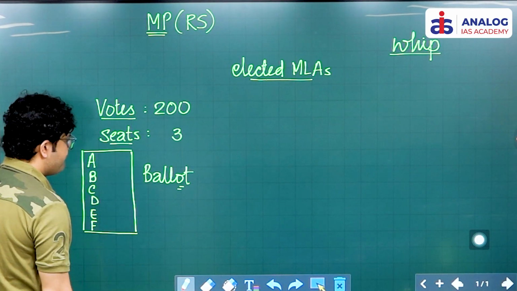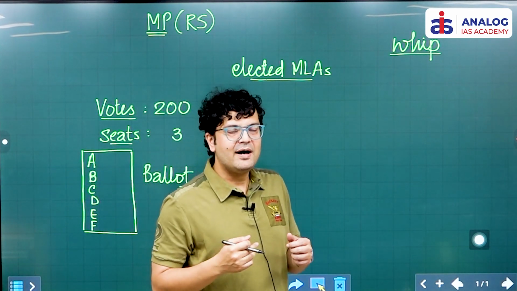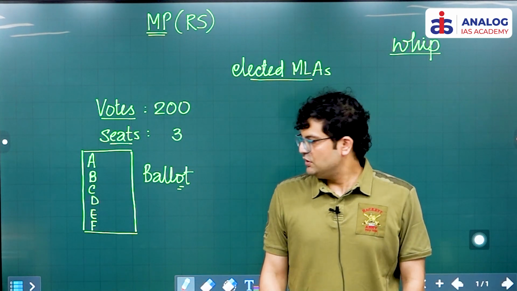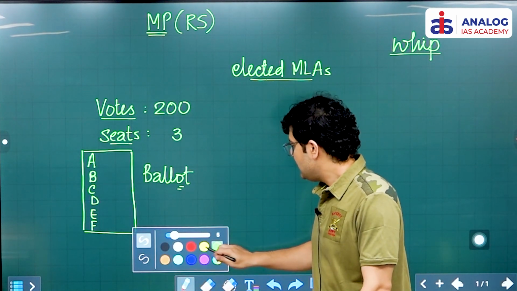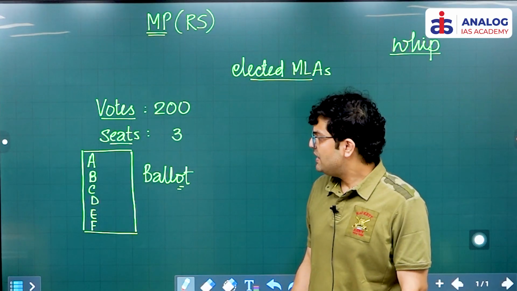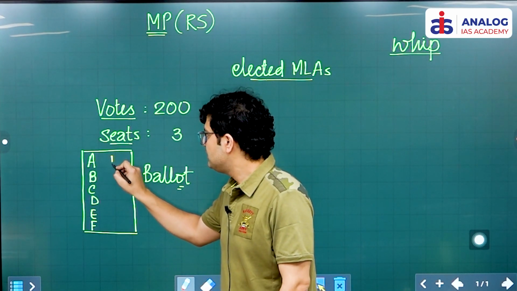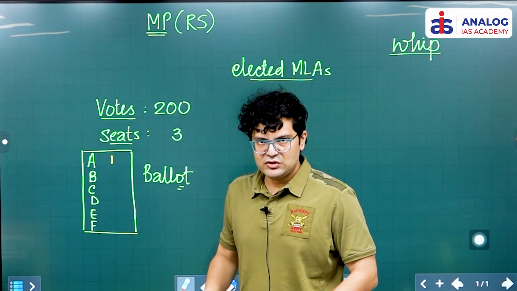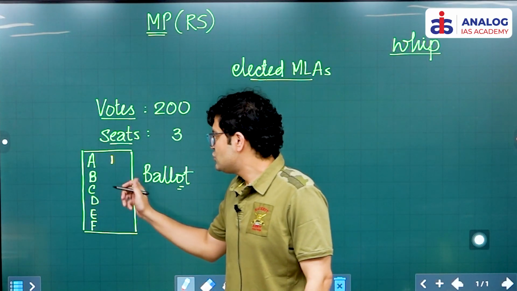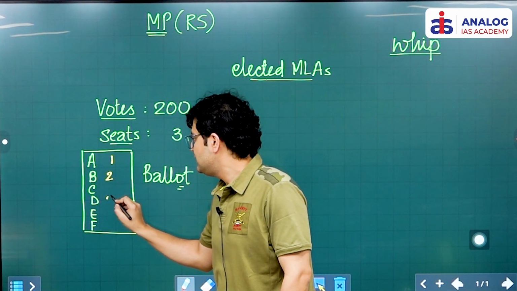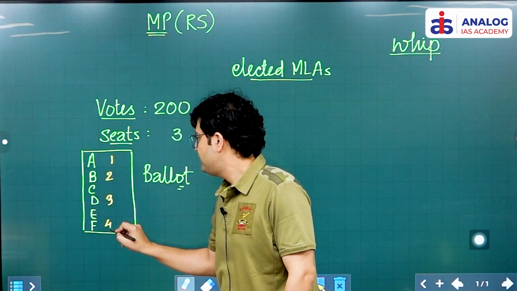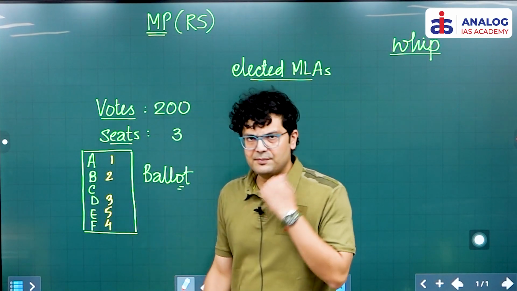And now my task is to mark preference. So if I am an MLA in the state, I will mark my preference that I feel A should become the MP. I choose A. My second choice is B, my third choice is D, fourth choice is F, fifth choice is E, etc.